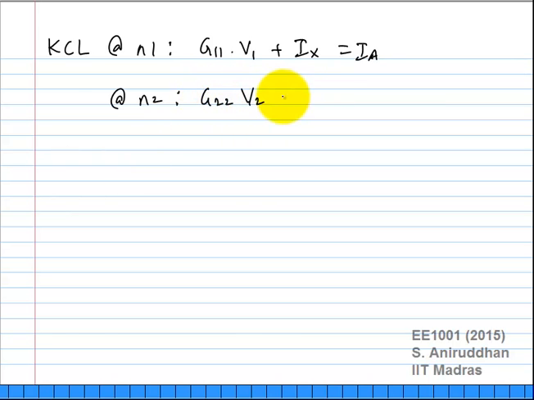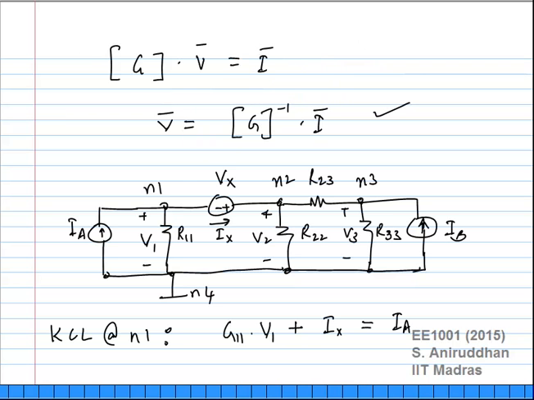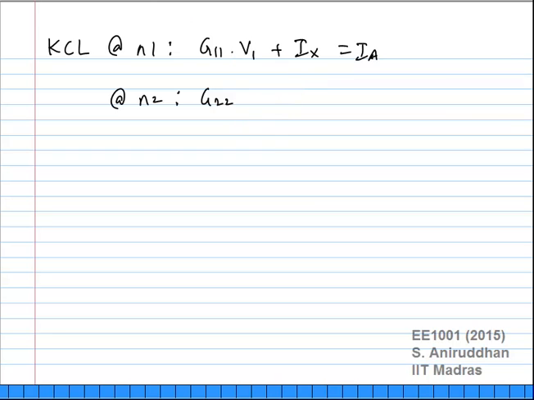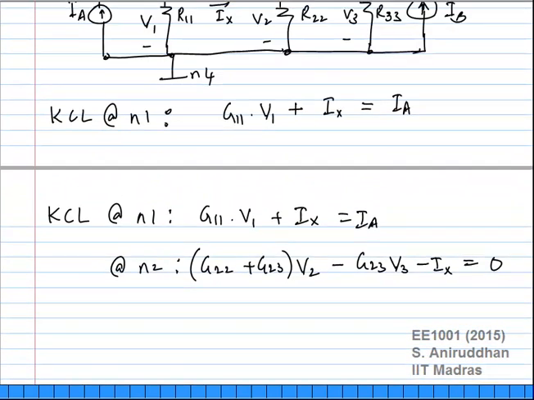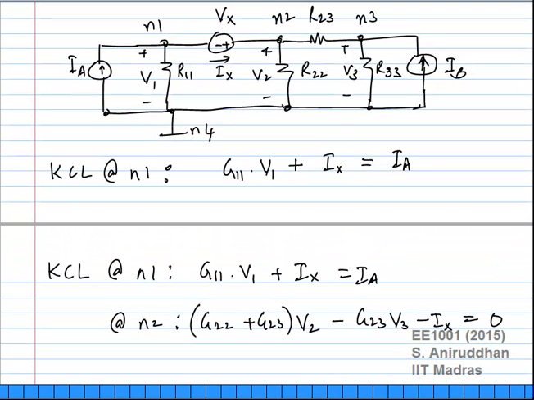G22 plus G23 times V2 minus G23 V3 minus Ix equals 0. Correct? Is that right? So the equation at N2 would remain there.